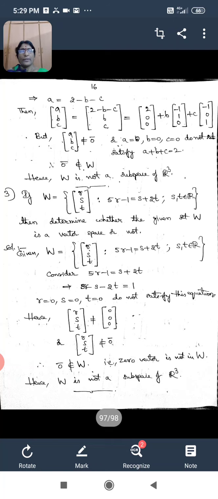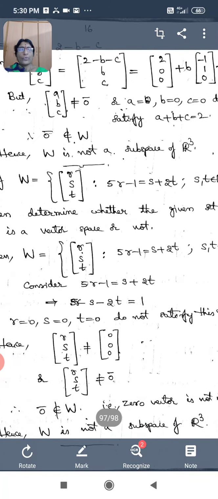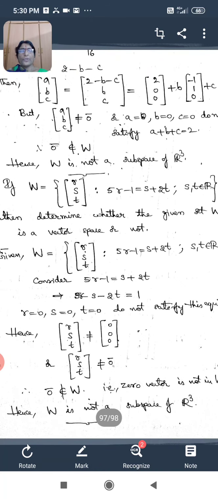If the zero vector is in W, then we can move on to write the column vector in W as a linear combination of one or two or more vectors. So let us see whether the zero vector is in W first of all.